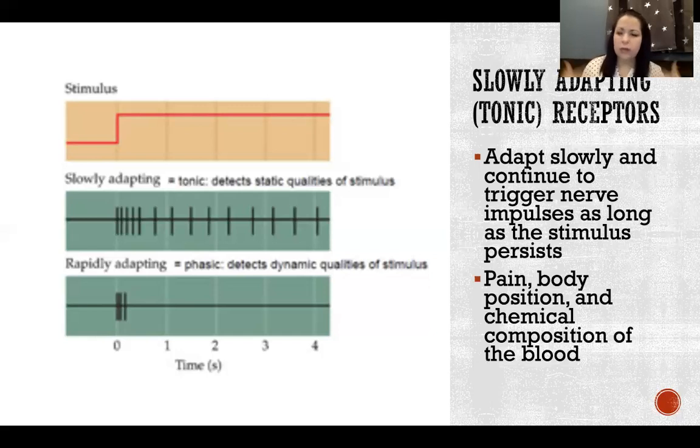We're constantly sending information to the brain about our position, via proprioceptors and other types of receptors. Another example is the chemical composition of the blood, like how many hydrogen ions are in the blood. Things that we need to constantly be keeping track of do not adapt. So those are slowly adapting.